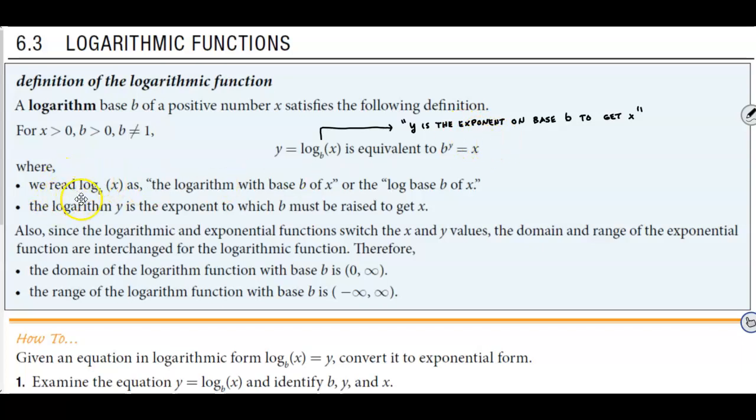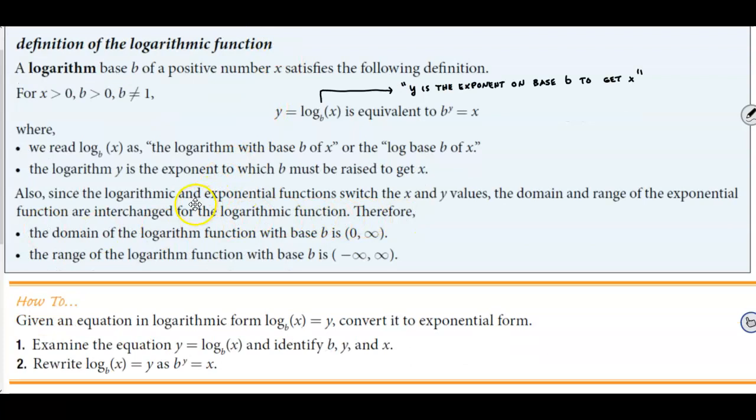Now we're going to read again the log of base b of x as the logarithm with base b of x, or the log base b of x. And the logarithm y is the exponent to which b must be raised to get x.